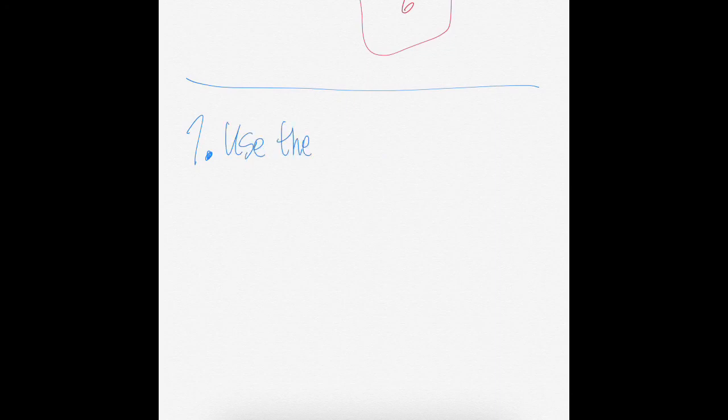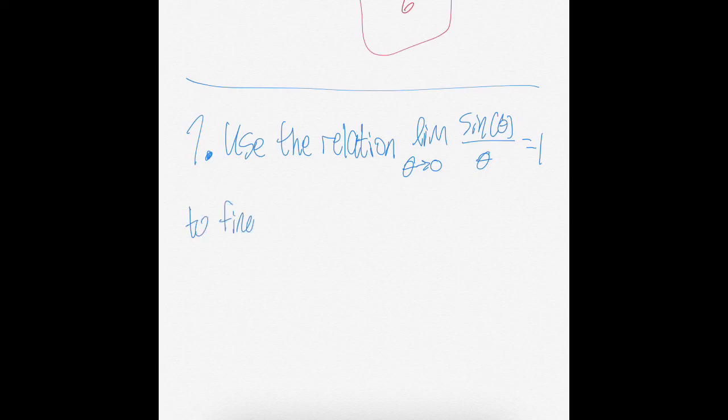Again, we are told to use the relation limit as theta goes to 0 of sine theta over theta equals 1. So use that to find the limit as x approaches 0 of tangent 9x over x.